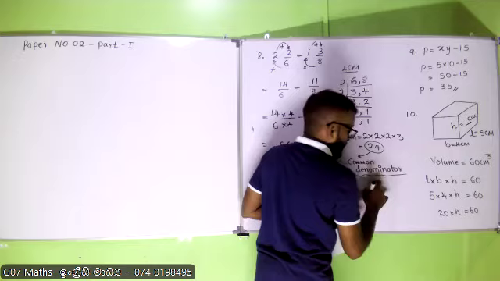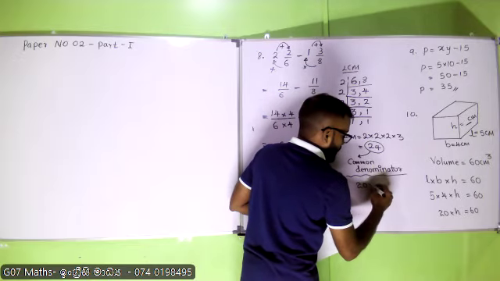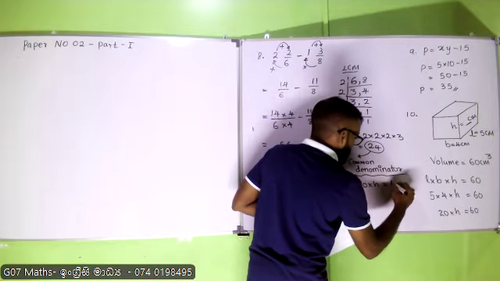So I will write it here: 20 multiplied by H equals 60.